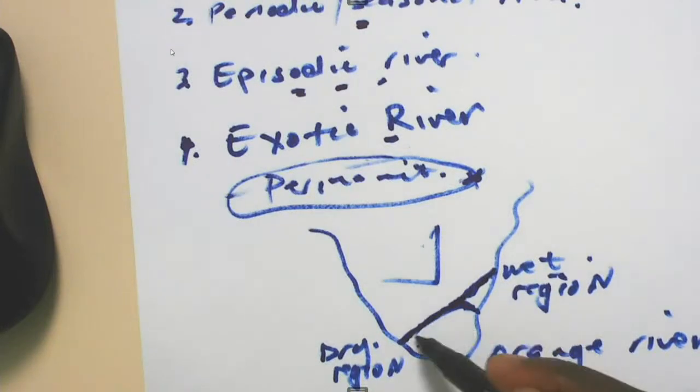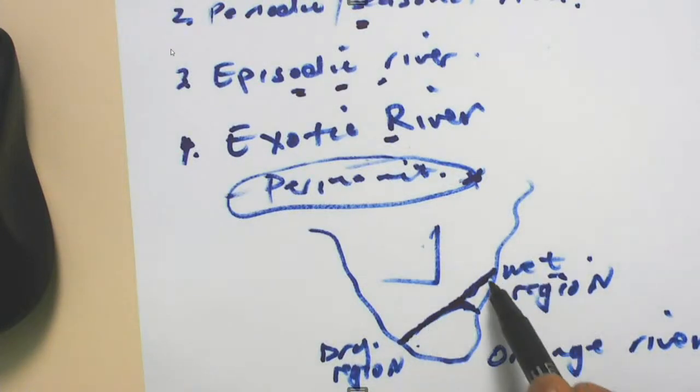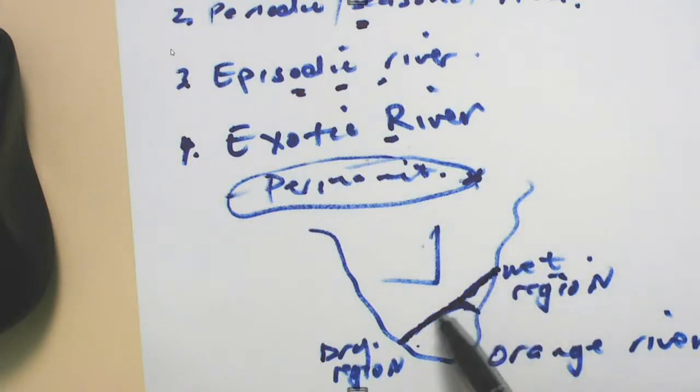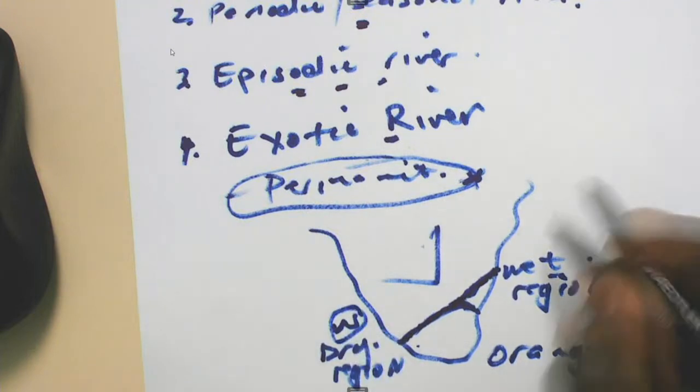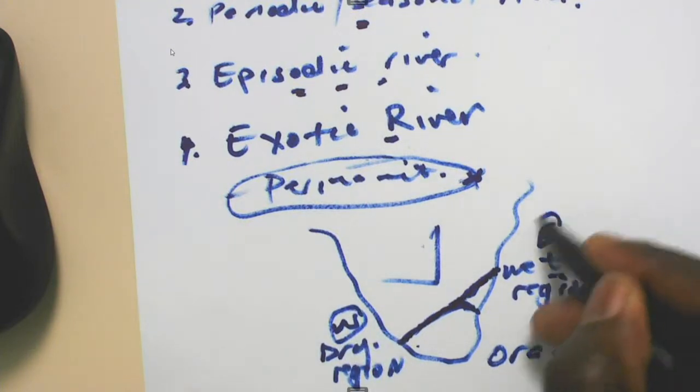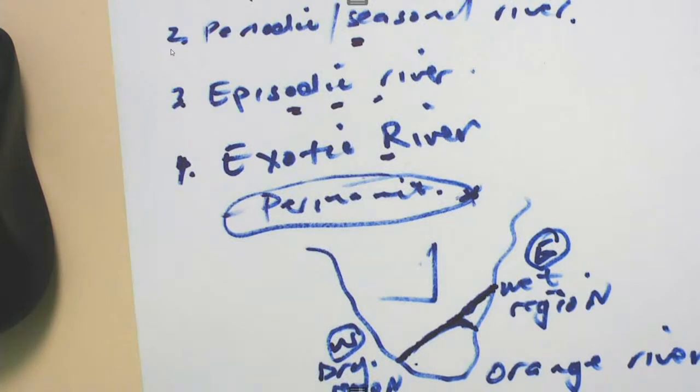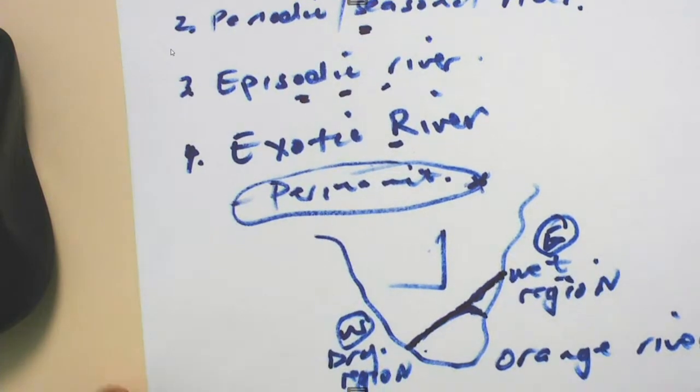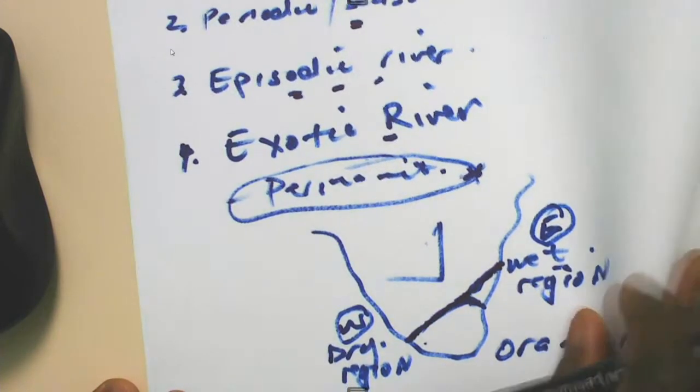Doesn't mean that when it passes through the dry region, this particular river will stop flowing. No. As long as it's still getting the supply of water from the wet region, it will pass through the dry region and go to the west. So this is our west here, and the wet region is the eastern side of the country. So these are the types of rivers.